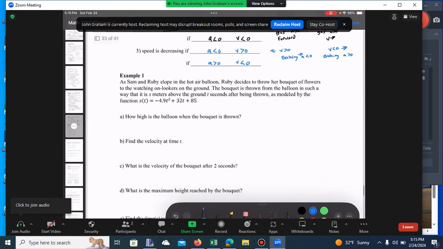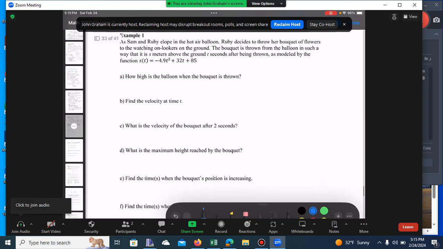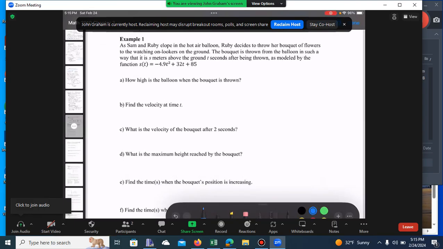Let's look at a situation now. A bride decides to throw her bouquet of flowers, and she throws it in a path that follows the function here. t is in seconds, s is in meters. First we want to know how high the bouquet is when she throws it. Let's draw a little picture first.